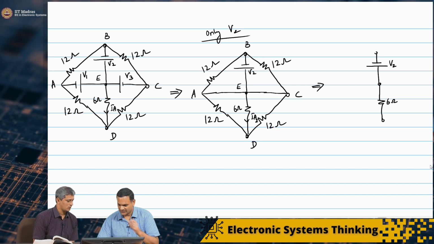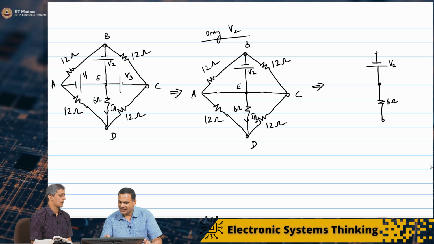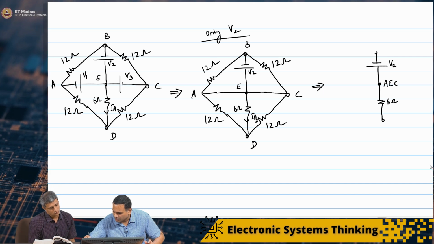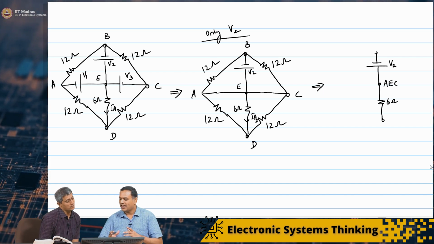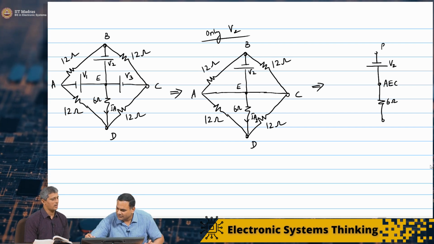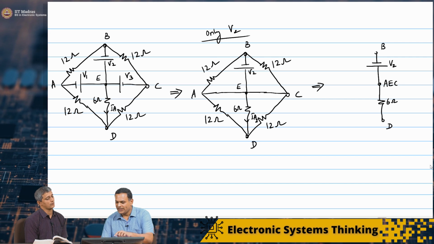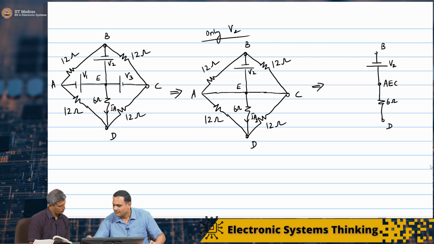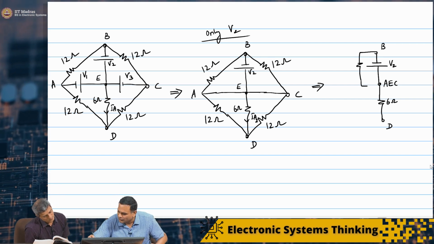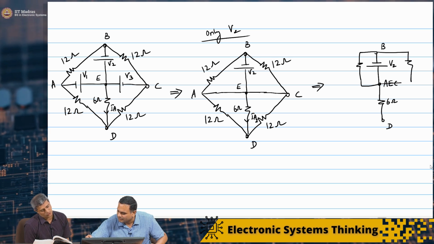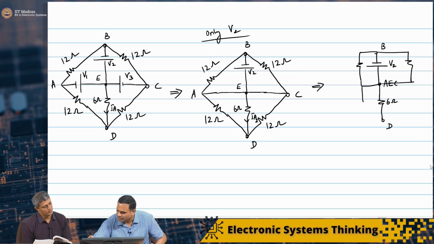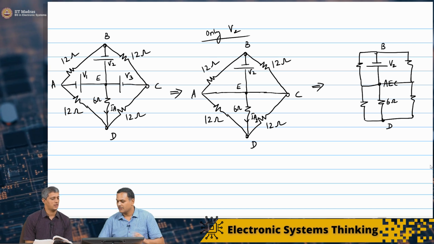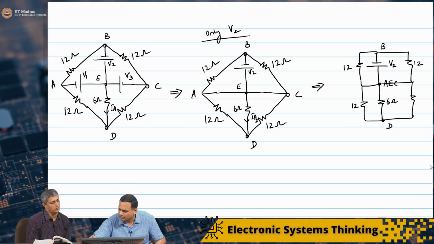And between B and the AEC node, the compound AEC node, this is B and this is D. So between B and AEC I have 12 ohms on the left side and 12 ohms on the right side, and the same thing on the bottom as well. So 12 ohms on both sides.